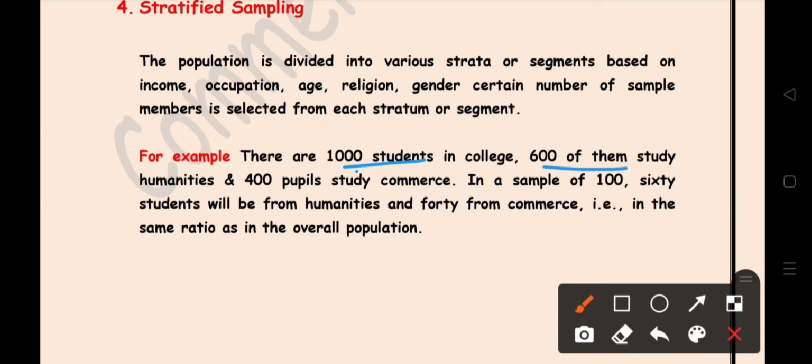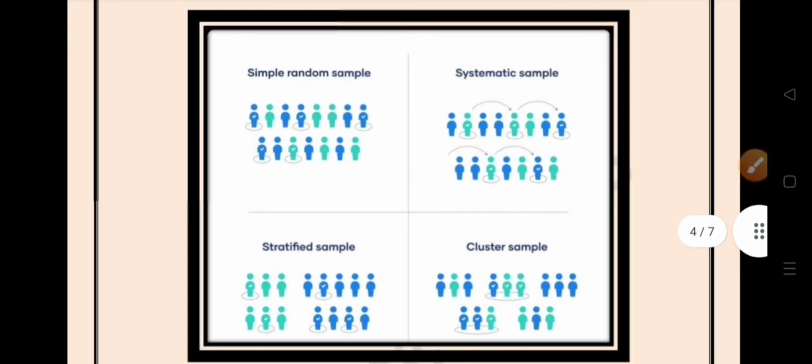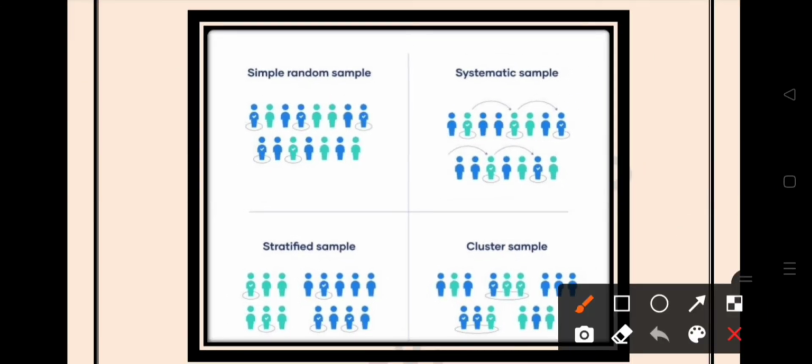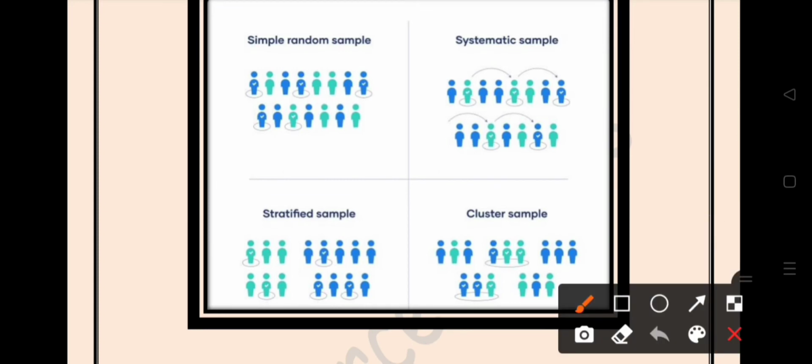We have done this bifurcation, and from that we have selected our sample. If you can see, I have inserted one more chart over here. With this chart you can easily remember these sampling methods.